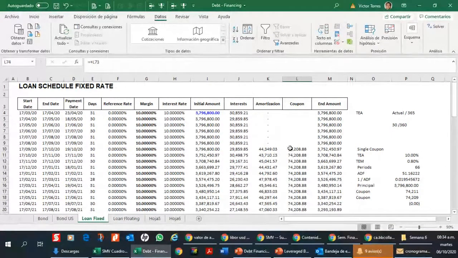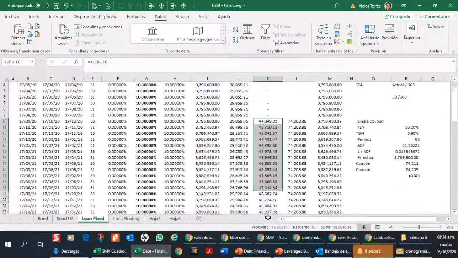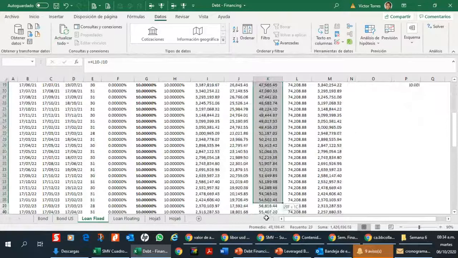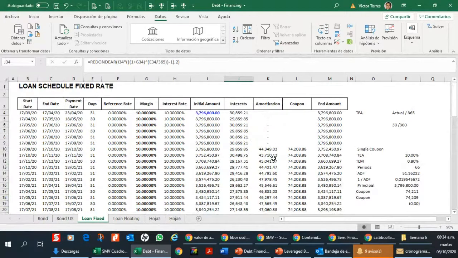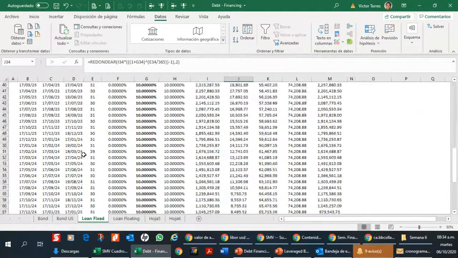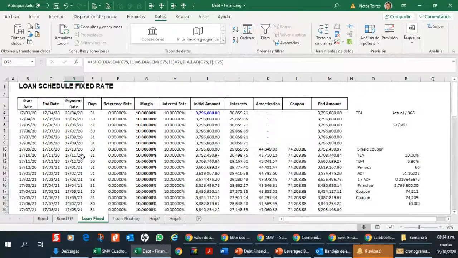But what we are going to be doing later on is using all these amortizations, all these reductions that we have on the principal, as cash outflow, along with the interest payment. That's going to be useful when you are forecasting this information for the next 5 years. Realize that this goes from end of 2020 to beginning of 2026, right?